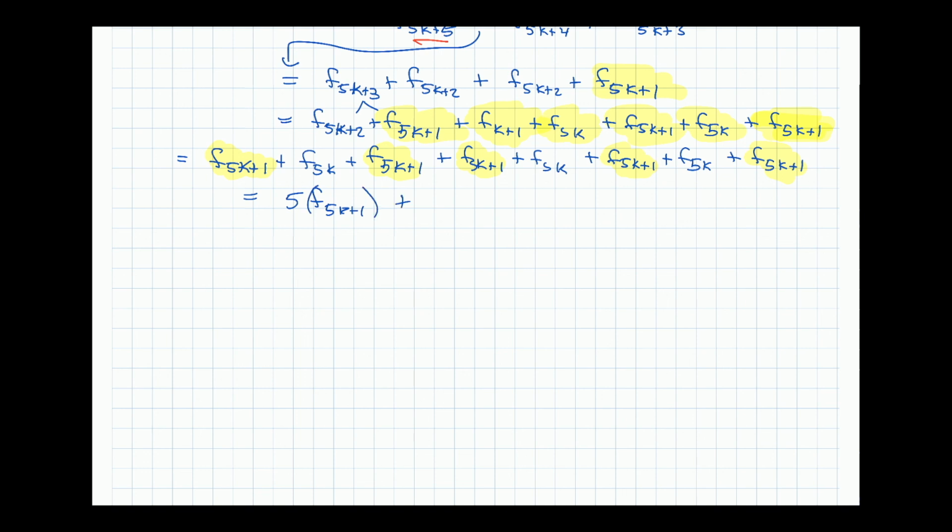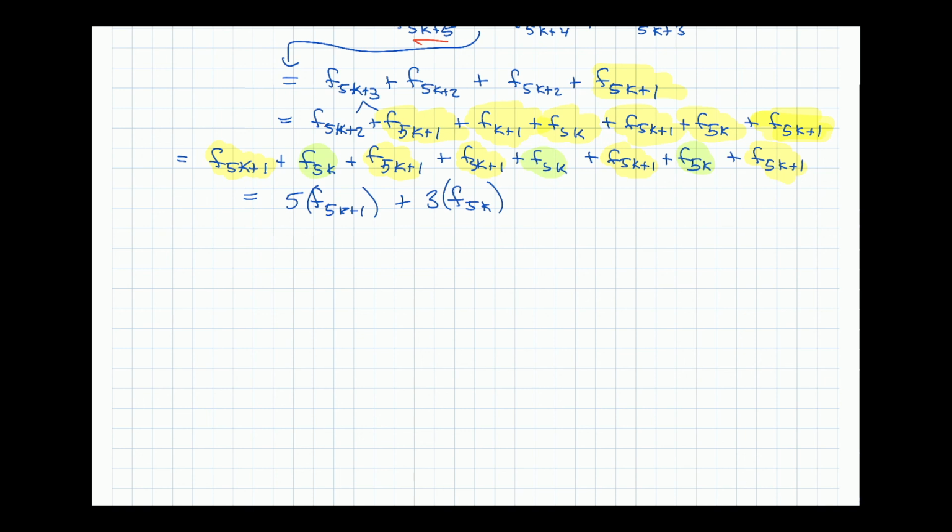All right. And then the other terms that we've got here are what? Looks like there's 1 f5k, 2 f5ks, 3 f5ks. So 3 f5ks. All right, so I just combined all my like terms there.